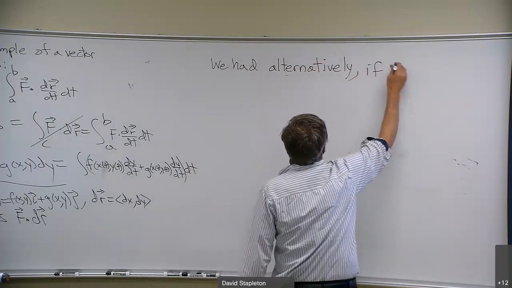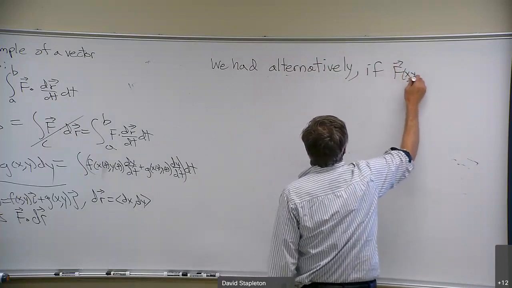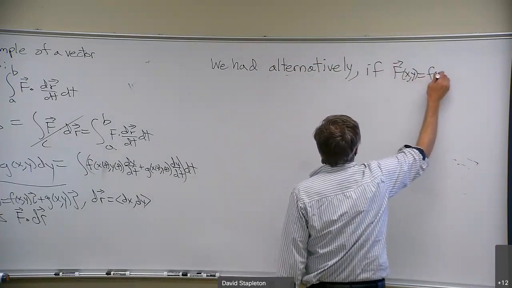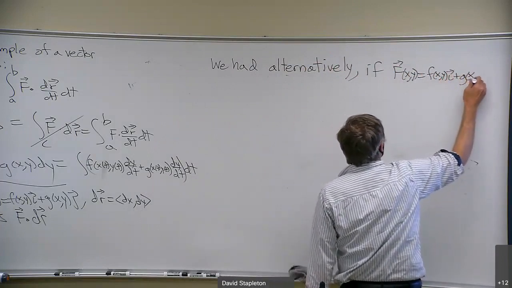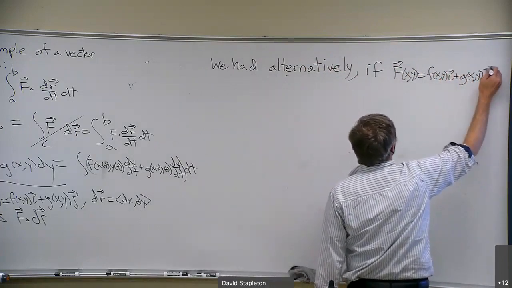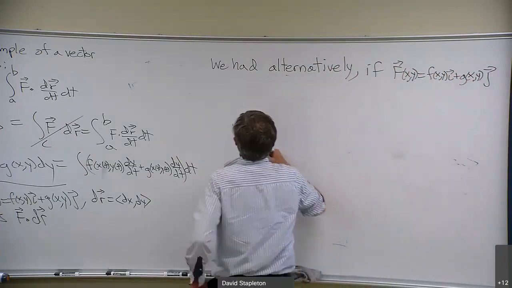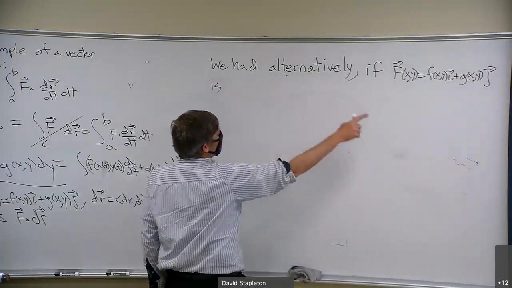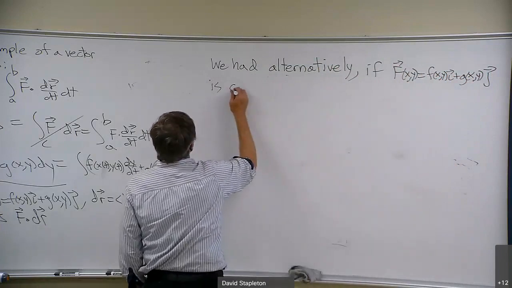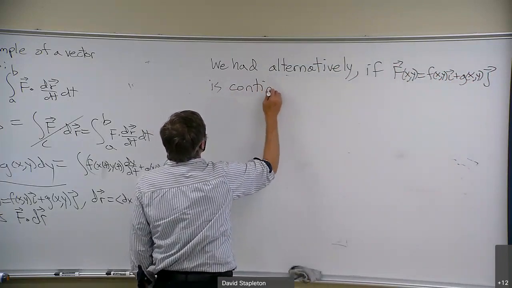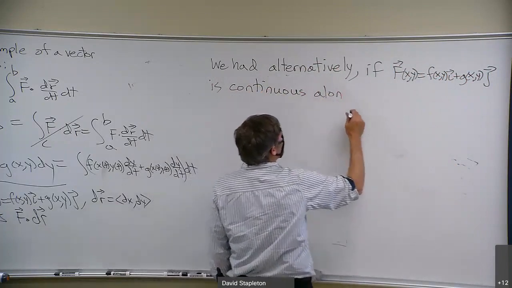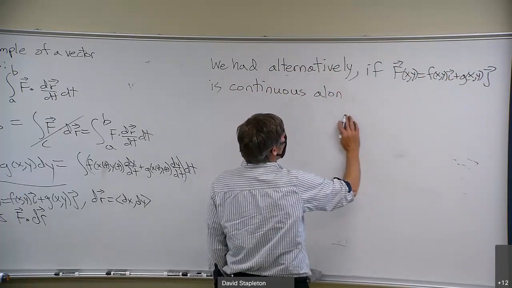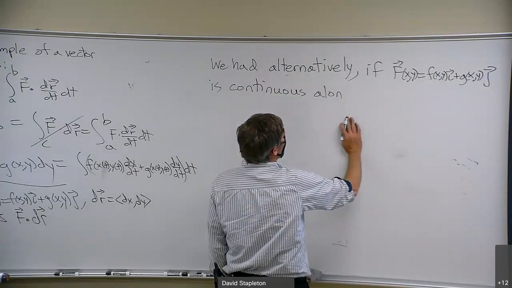If F of x, y is a vector valued function, so it's a scalar function f of x, y times i, plus a scalar function g of x, y times j. If that vector valued function is continuous, meaning little f and little g are both continuous functions, well, we'll just say continuous.